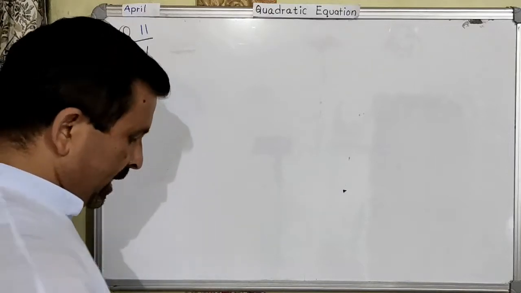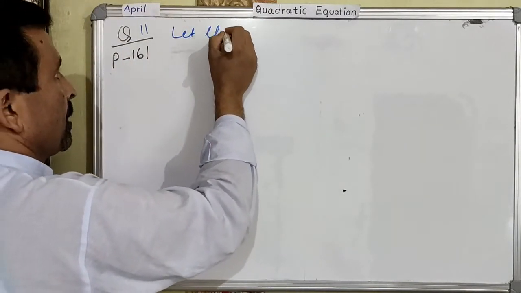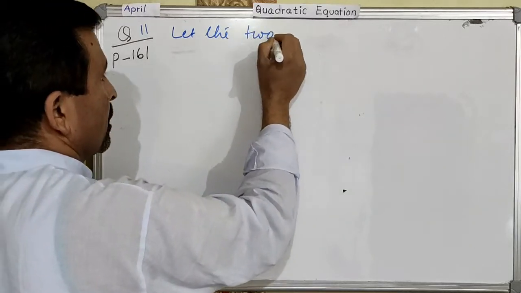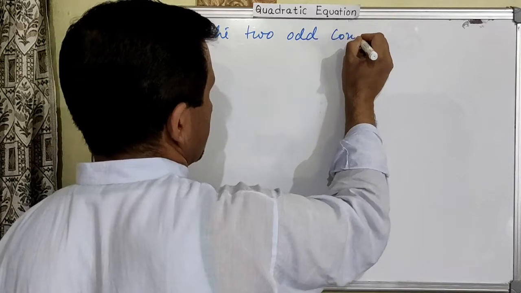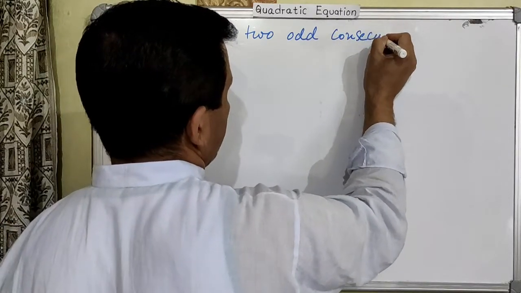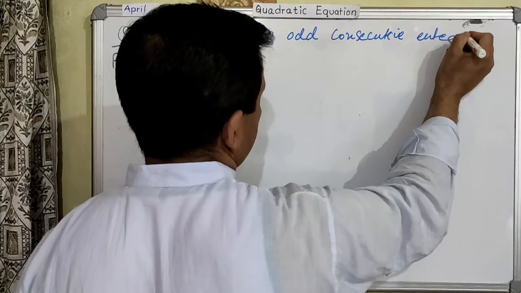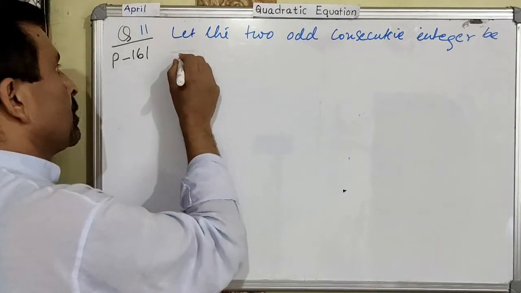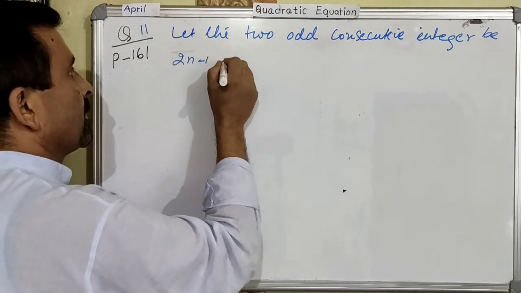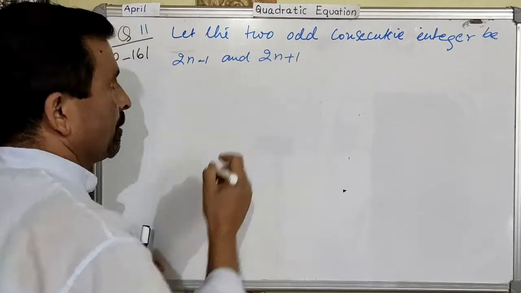Let the two odd consecutive integers be 2n minus 1 and 2n plus 1.